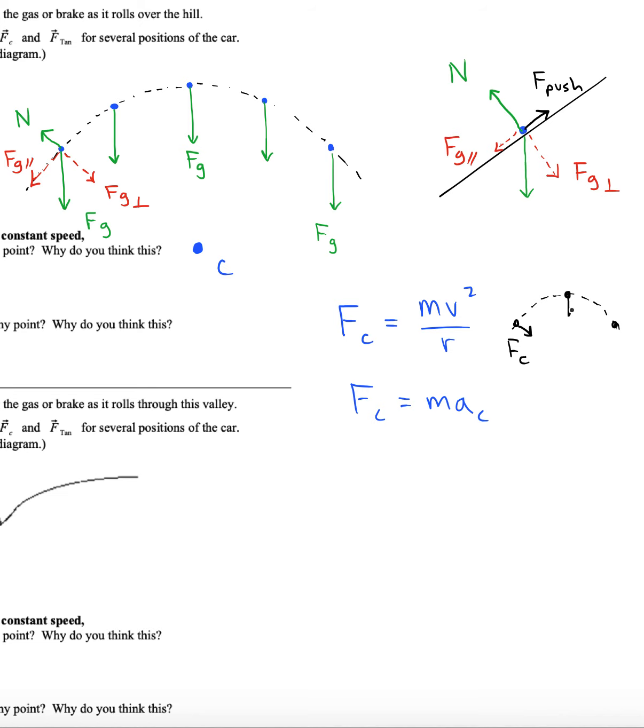It's called the centripetal force. This is what the sum of those components N and Fg perp have to be. So the only way we can have a net force that's downward at the peak is if the normal force is not as large as Fg.